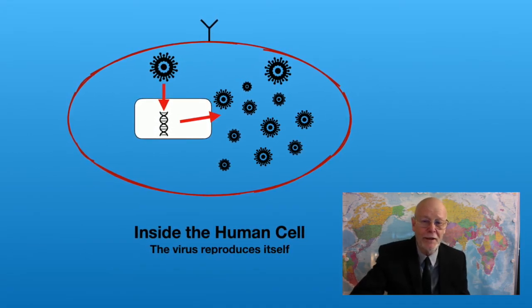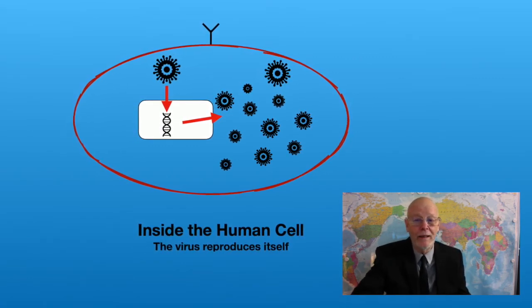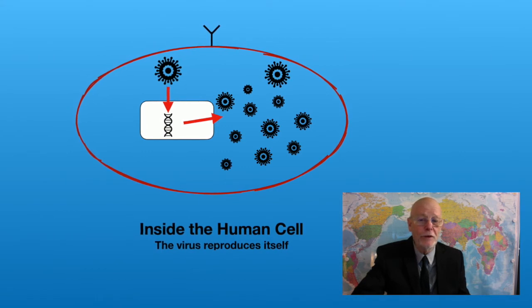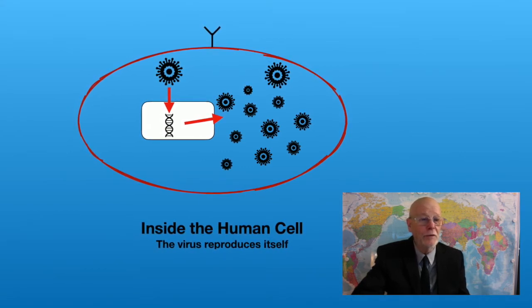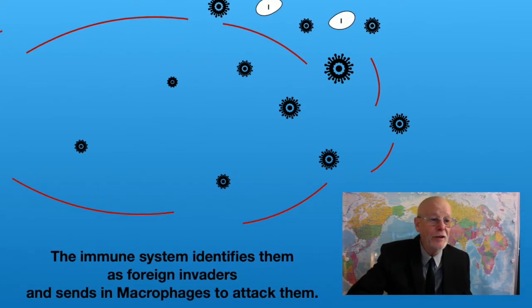When it gets inside the human body, if it gets into a human cell, it can use the reproductive unit of the human cell to multiply itself over and over again, until such time, there's so many of them, that the human cell explodes.